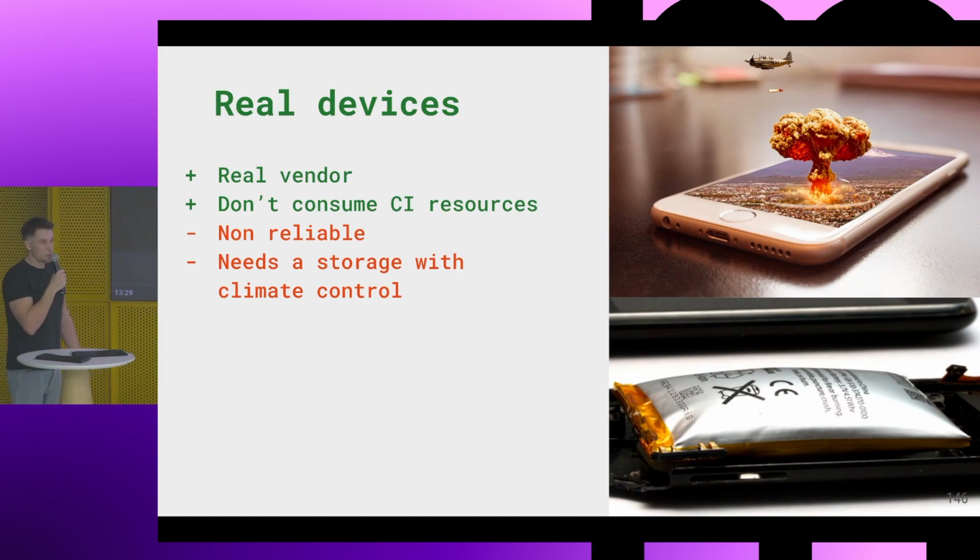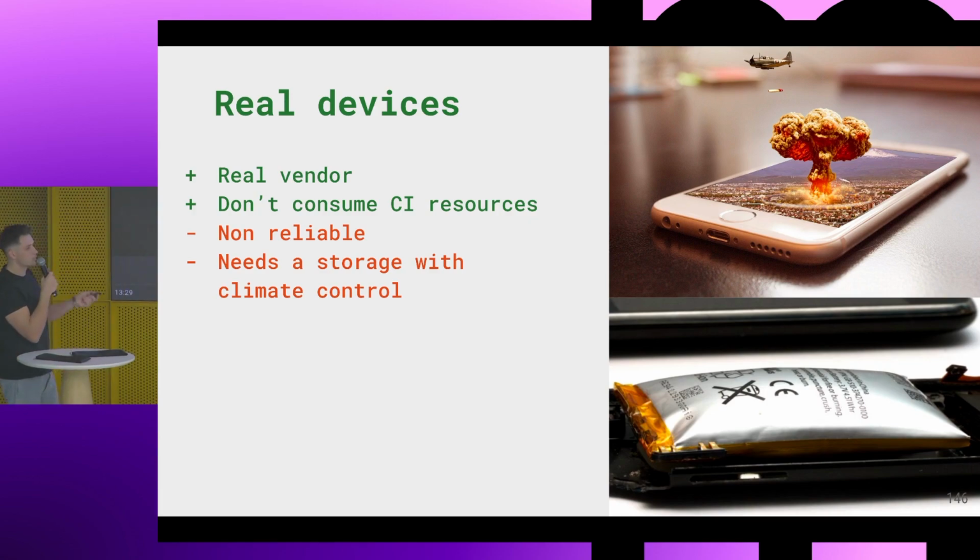The last thing, we should decide what we should use to run tests. These both runners work with real devices and emulators. What should we choose? So real devices, well, they're real. They can highlight some vendor problems. They don't consume your CI resources, but it's also painful because they're not reliable. There can be some network issues. There can be system dialogues that will ruin your tests.